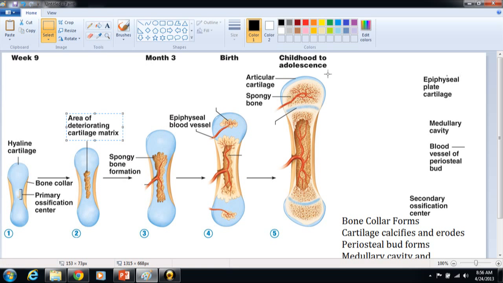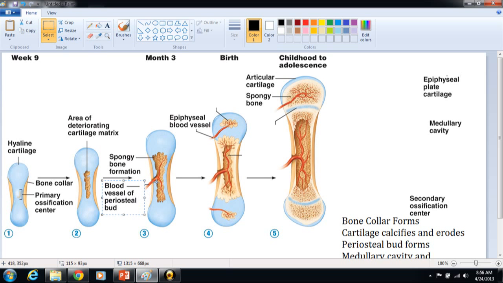Okay, once you have cavities, that gives space for blood vessels to then go into the center of the bone. Okay, and that's what's called the periosteal bud.